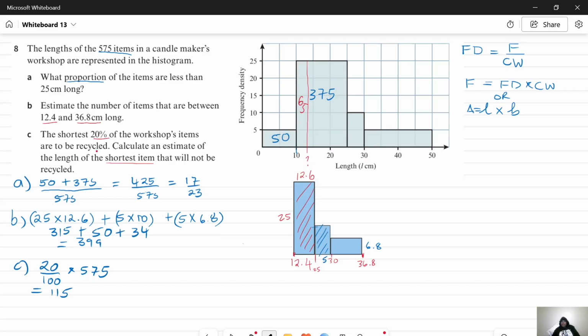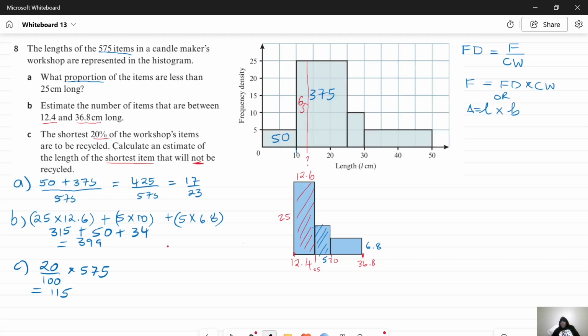We were asked to find the estimate of the length of the shortest item that will not be recycled, right? So we first want to find this percentage of the 575, which we found was 115, telling us that these 115 items are the shortest, and they are the ones that are going to be recycled.